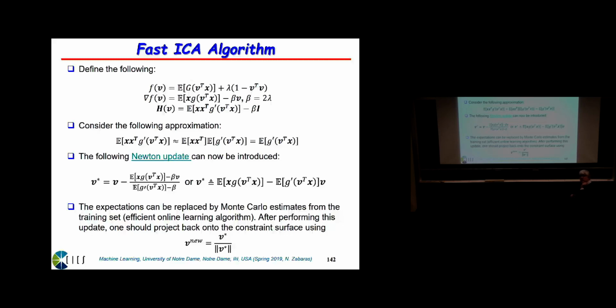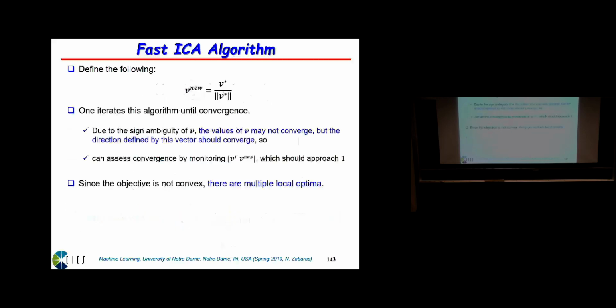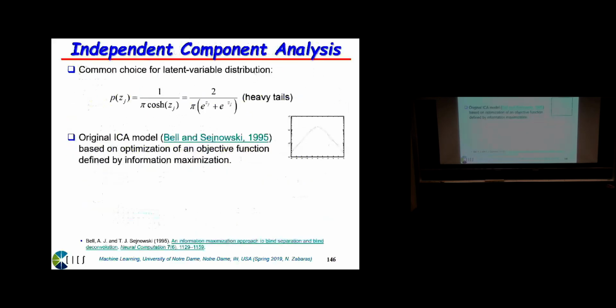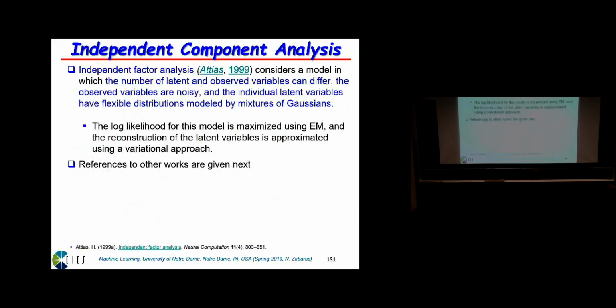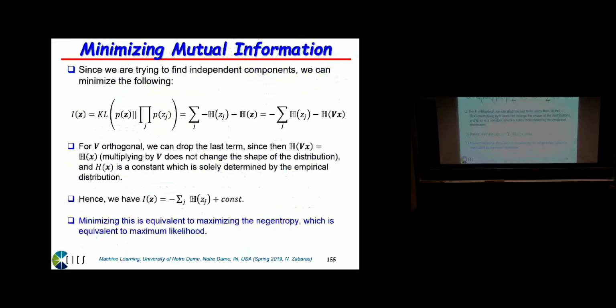What's a nice criterion to say P of Z is equal to P of Z1 times P of Z2, times P of however many signals you have? If I take the KL distance of P of Z from P of Z1, P of Z2, et cetera, what do we call that? Mutual information.